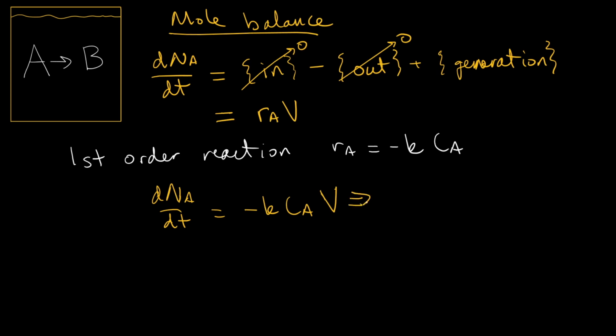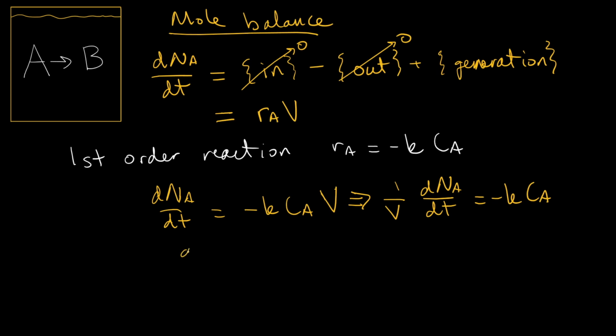One way we can rewrite this to solve this immediately without getting into conversion is to move the volume to the other side of the equation. So we get 1 over V times dNA/dt is equal to minus k CA. And since our volume isn't changing with time, our volume is constant, we can pull this inside of the derivative symbol and we get the number of moles per volume, which is just our concentration.